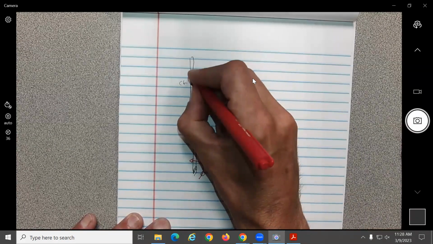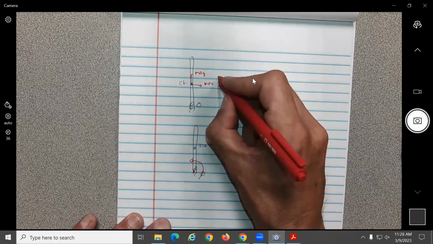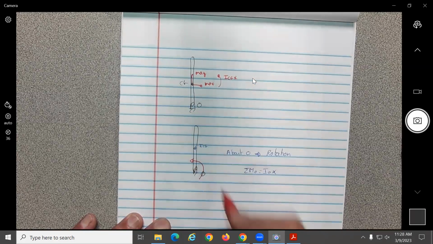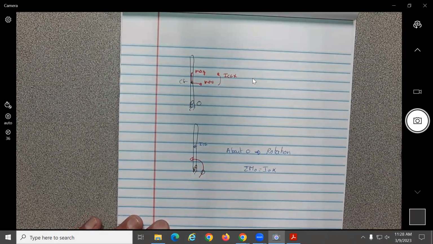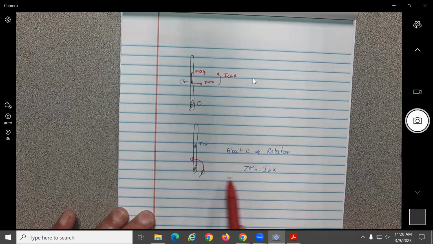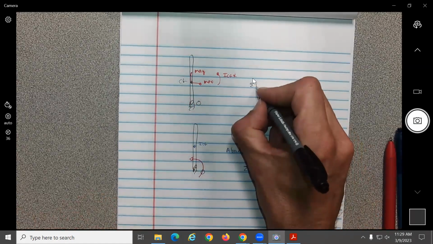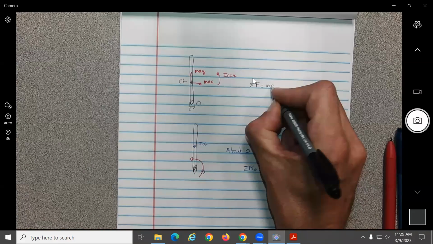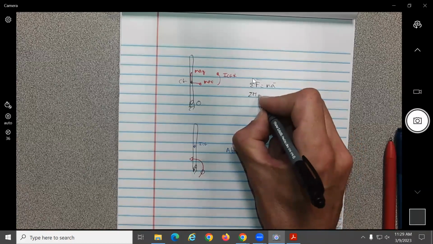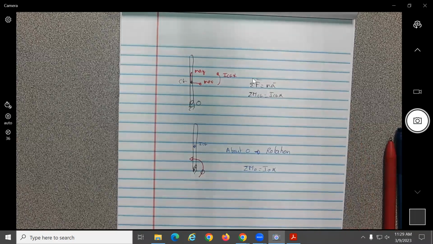Yes, you will have translation and rotation if you look from there: translation m a_x, m a_y, and I_CG alpha. Agree with this? So if we only look at the motion of the bar from point O, then this equation will satisfy everything. If we use the top one, then we need the summation of forces equals m a in x and y, and the summation of moments about the CG equals I_CG alpha. Using the top one is not wrong, just easier to use the one above.